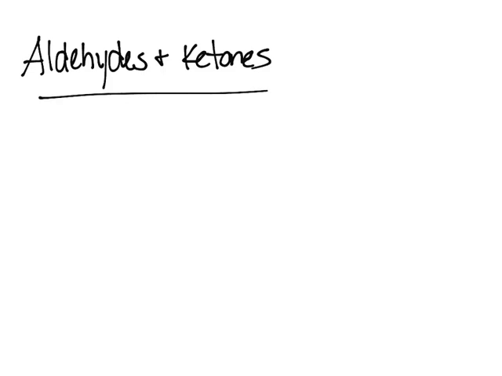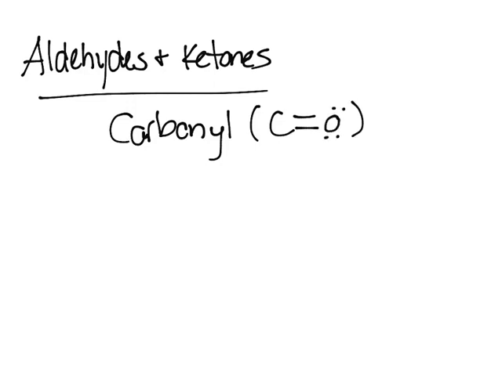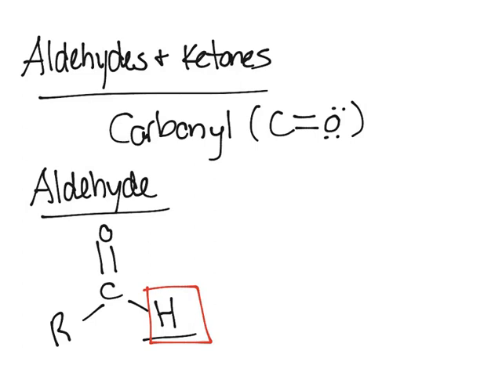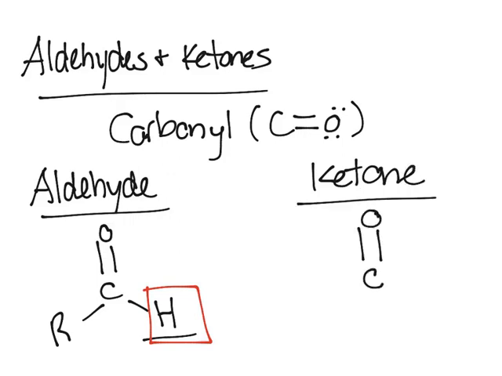They're both characterized by a carbonyl group, which is a C double bonded to an O. For example, an aldehyde has a C double bond O, and then an alkyl group, and then an H. This H is the difference between an aldehyde and a ketone, because a ketone has a C double bond O and two R groups, which could be different or the same, R1, R2.